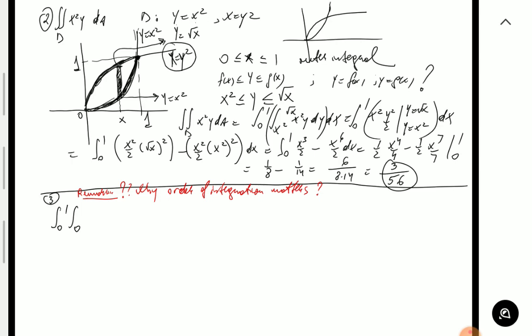I want to give it in a fun way first. So no, let's do it like that. What if I have the integral from 0 to 1 and then from x to 1 of the function x e to the power y cubed, dy dx.